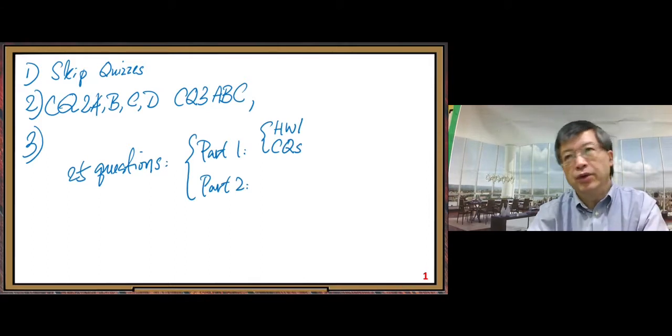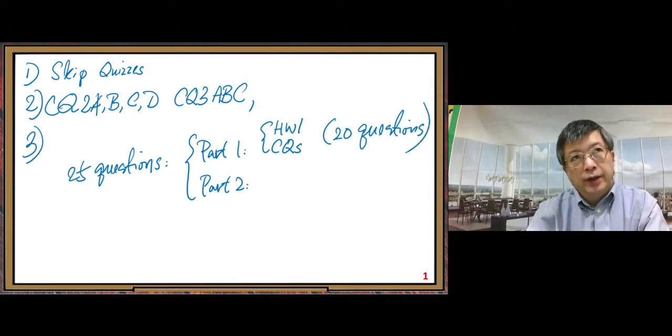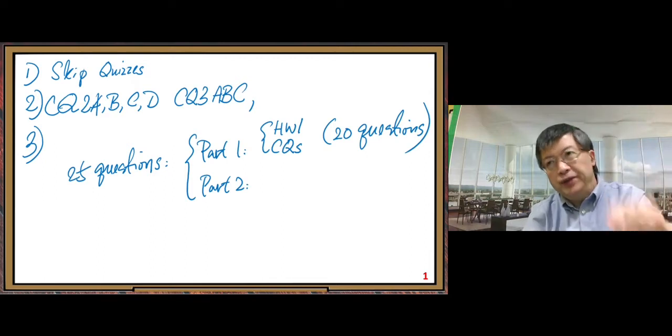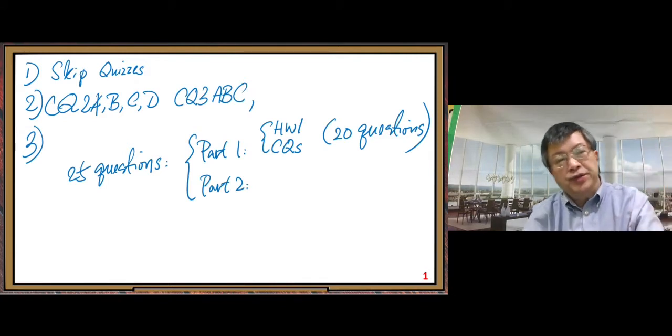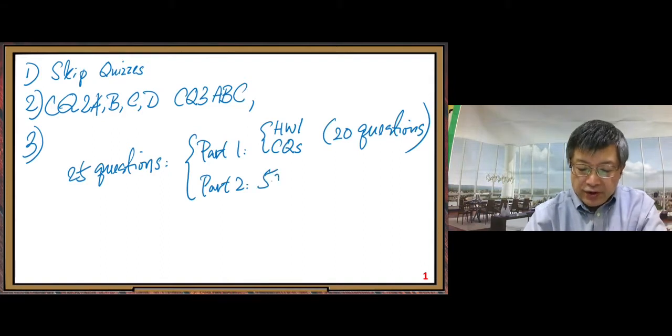So don't worry about the quizzes. For this part, we will have 20 questions. For each question, you can connect to the original questions. But I may also create 5 new questions.